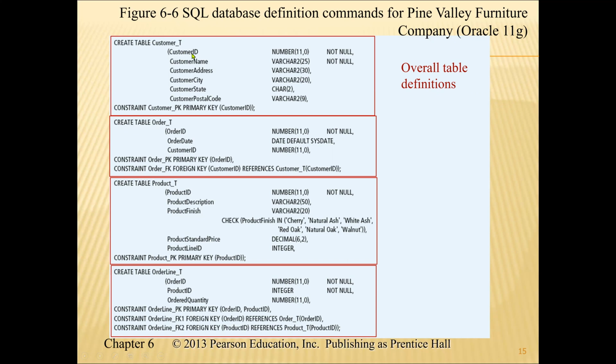So first I have customer ID. And the data type, we say it's a number. And we say the number has 11,0. What 11,0 means, we can have up to 11 digits, the size. 0 here means there's no decimal place. Now I can put 2 here.